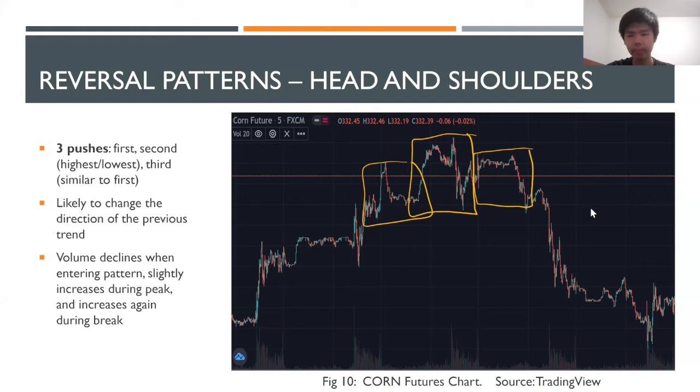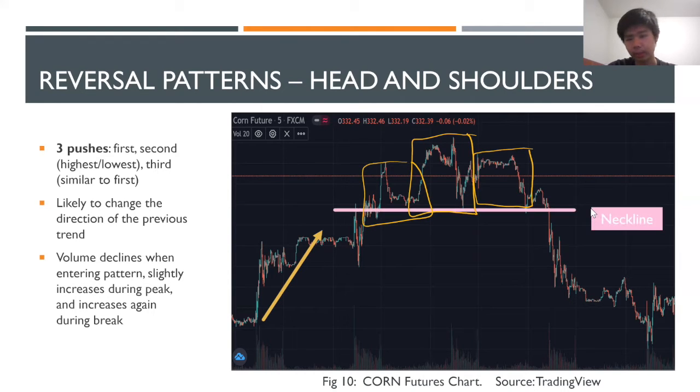So here, for example, we have this chart for the corn futures, and as we can see, the price originally goes up in the trend here before it hits the neckline, which is basically the support for the three bumps that we are about to have over here.